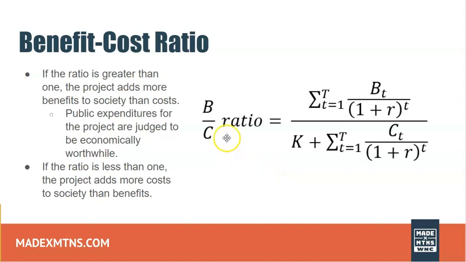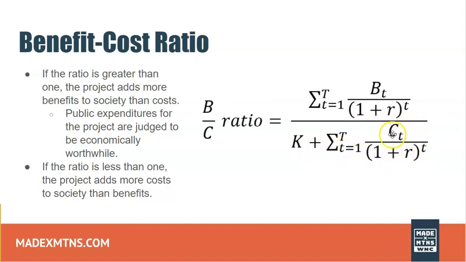Okay, the benefit cost ratio, the benefits are in the numerator and the costs are in the denominator. In this numerator we've taken the present value formula, and instead of a future value we've substituted benefits, B. And then with this summation sign we're just adding up benefits over time. In terms of cost, here we have K, which might be an initial construction cost that is not subject to discounting in the future.